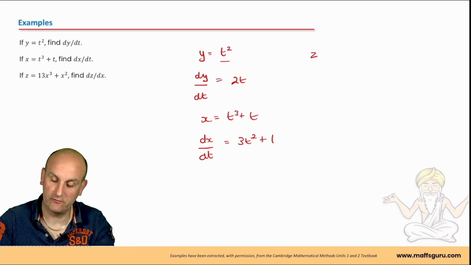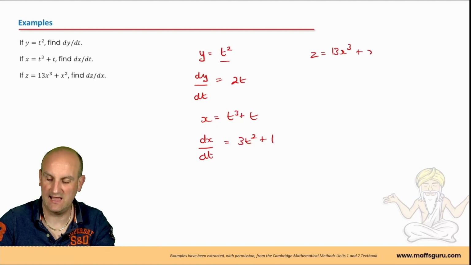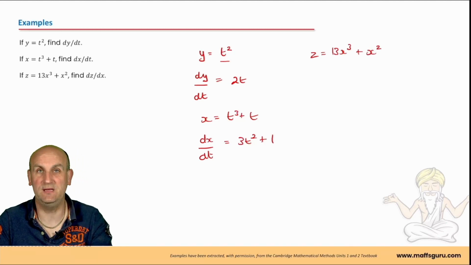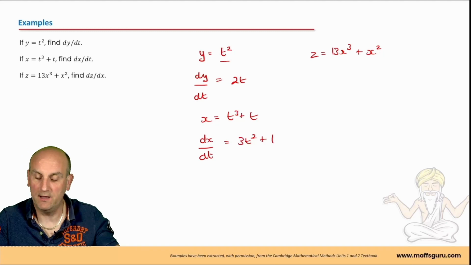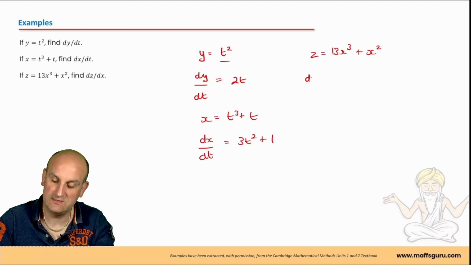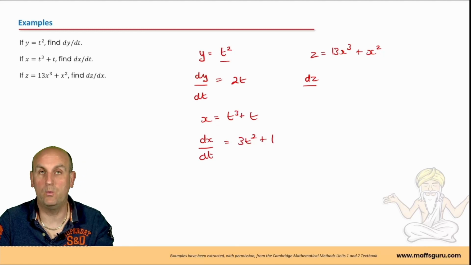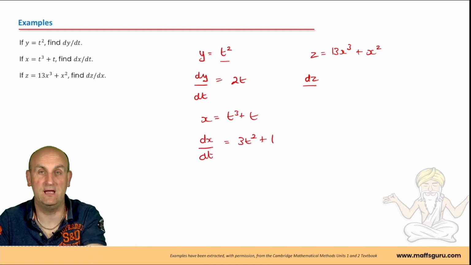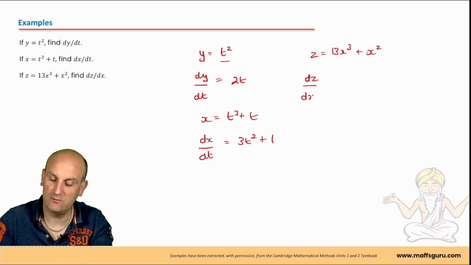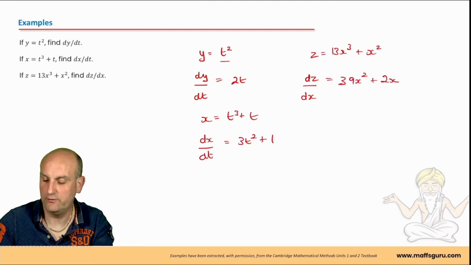Let's just throw another letter in. z is equal to 13x cubed plus x squared. Can you guess what this is going to be? It starts with z equals, so I'm going to do dz, divided by what pronumeral has been left on the right-hand side, x. So dz by dx would be 39x squared plus 2x.